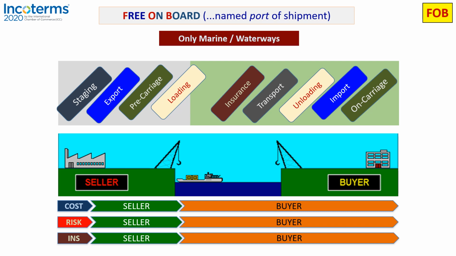Again, this is something which has to be used only for 100% marine, and should not be used for combination. One of the common errors which happens in trade is the use of the terms FOB, CIF, and CFR for container shipments.